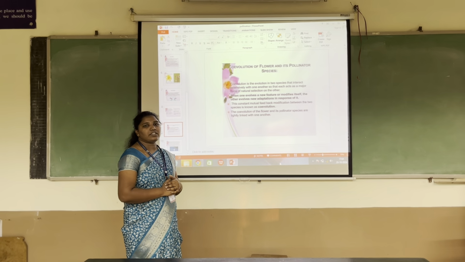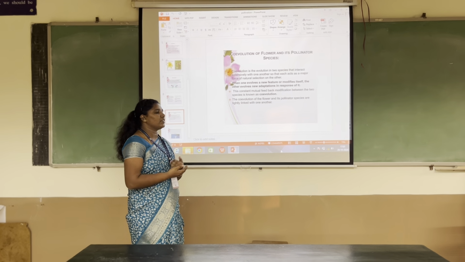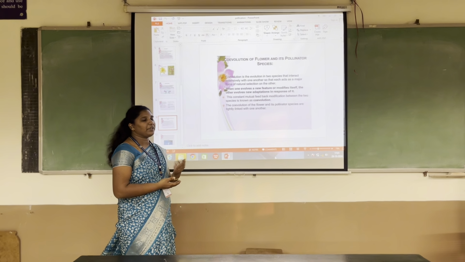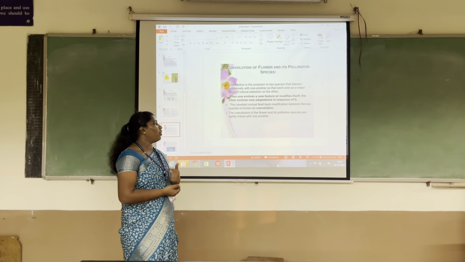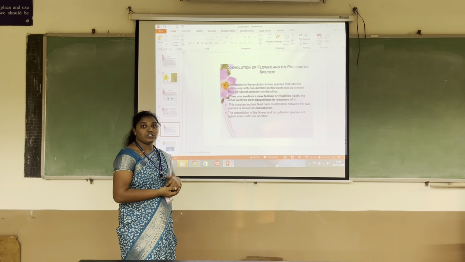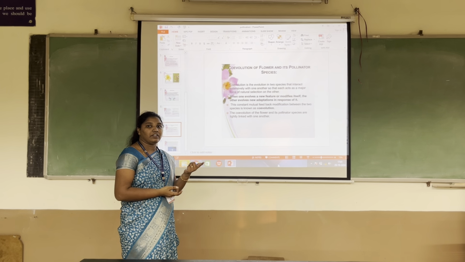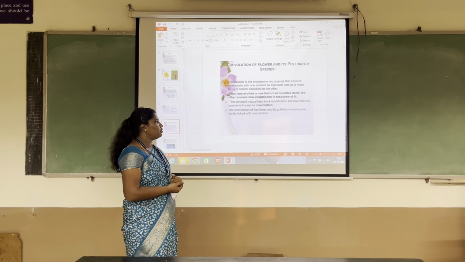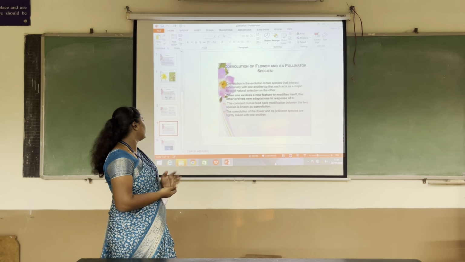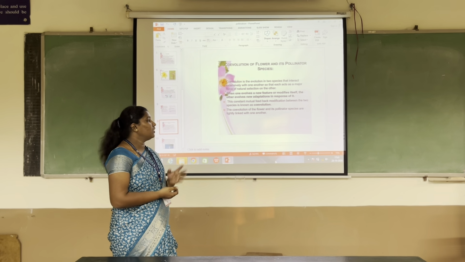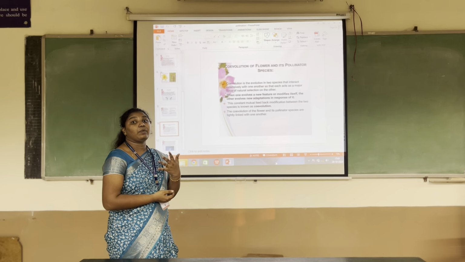When one evolves a new feature or modifies itself, the other evolves new adaptations in response. This constant mutual feedback modification between the two species is known as co-evolution, because both are evolving simultaneously.